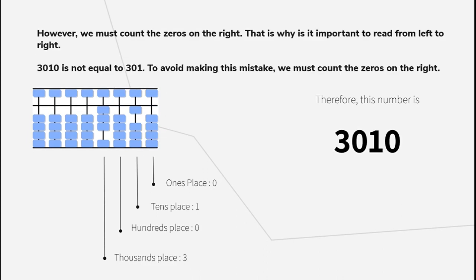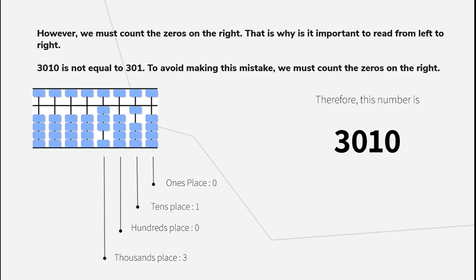So lastly, I have here the number 3010. There is a 3 in the thousands place over here, a 0 in the hundreds place, a 1 in the tens place, and a 0 in the ones place. Notice that I've counted the zeros in the hundreds place and in the ones place.